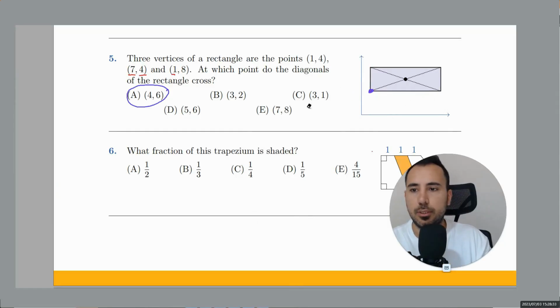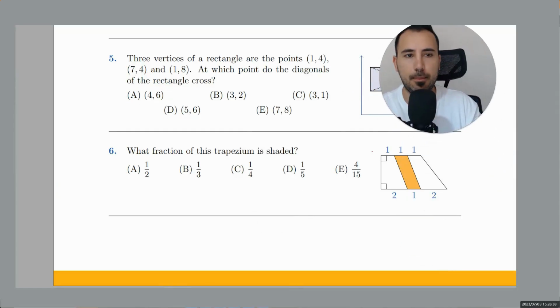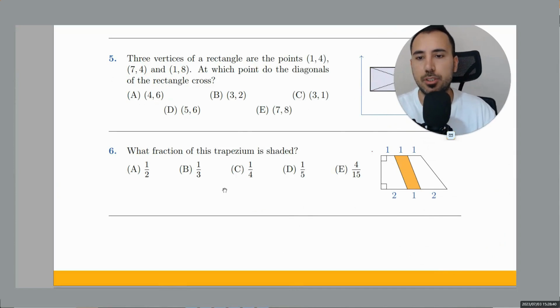So let's go to the next question on the first page here. What fraction of this trapezium is shaded? So actually the shape inside of this biggest shape, this trapezium. How do we find it? 1 plus 1 plus 1 is 3. 2 plus 1 plus 2.